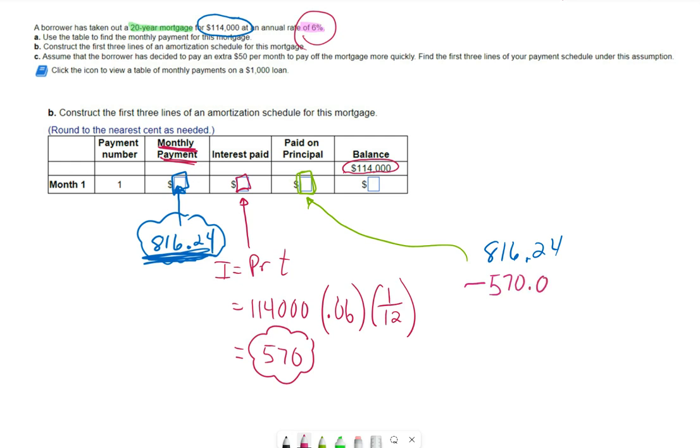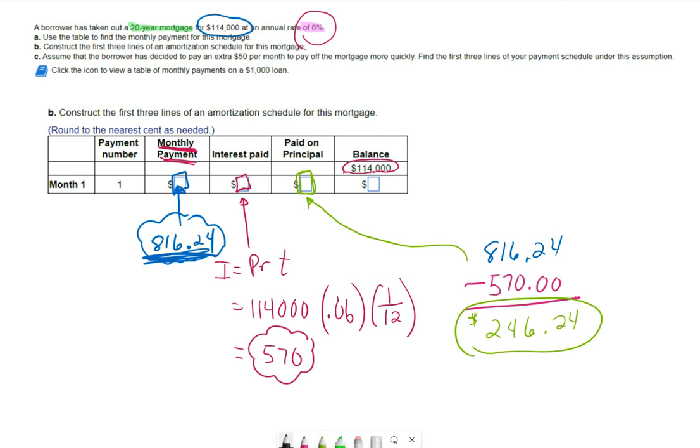That is interest that you owe, and they're going to keep that. When they subtract, what's left is $246.24. That is the amount that's going to be paid on the principal.